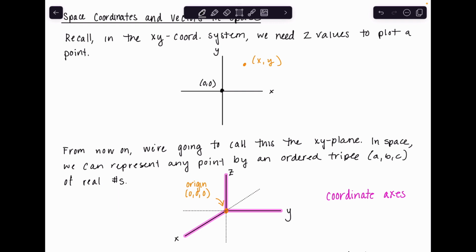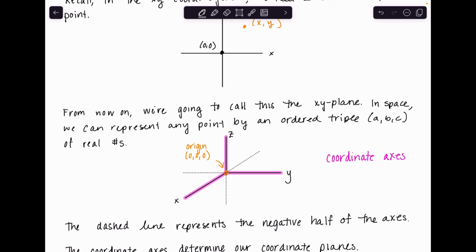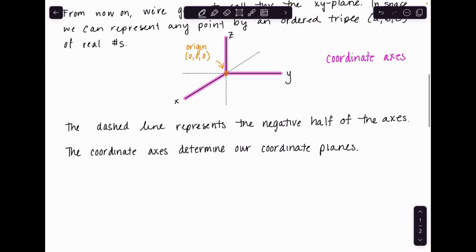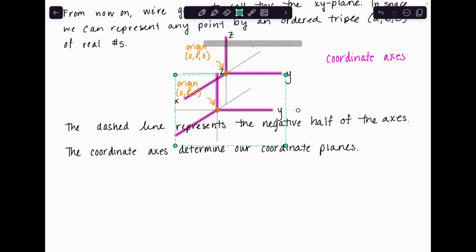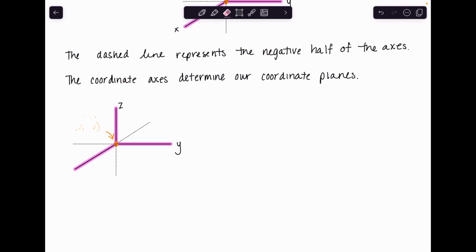So 2D is the XY plane. And in that point, you're assuming that your Z value does not exist, or you can think of Z as equaling 0. So what I'm going to do is I'm going to go ahead and copy this picture just to make life a little bit easier and delete some of this stuff on here. I'm not going to worry about the origin too much. Ignore all of these and let's go ahead and fill in our pieces.